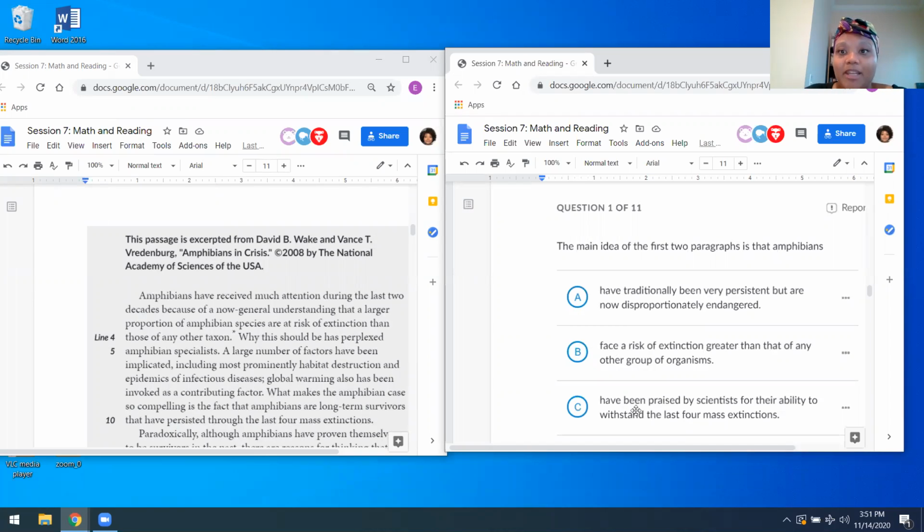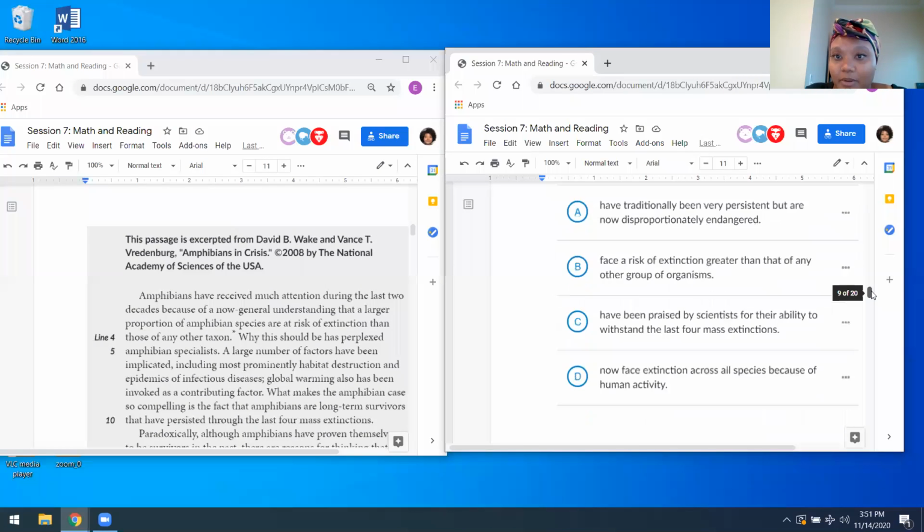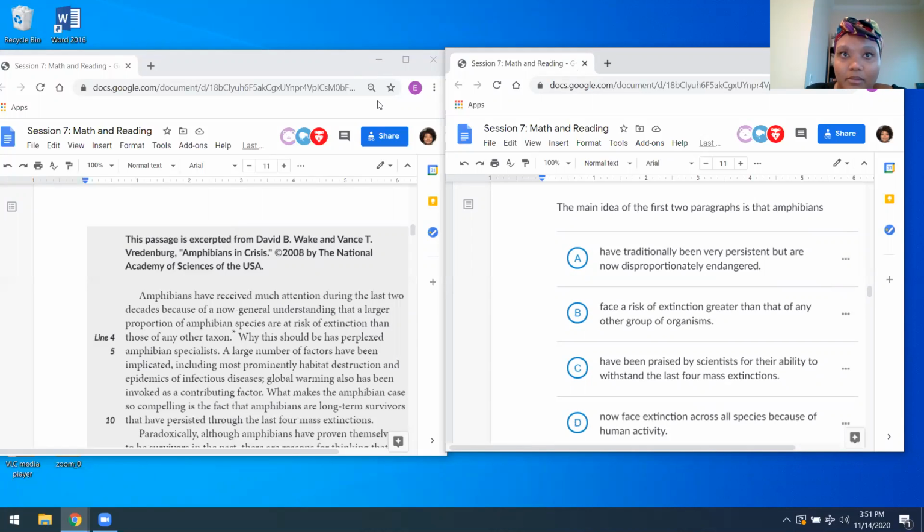So the main idea of the two paragraphs is that amphibians, what did you guys get for this one? Let's start with, nice.